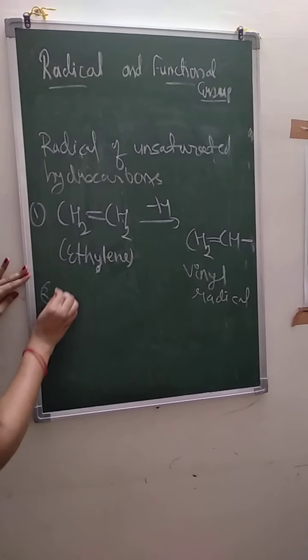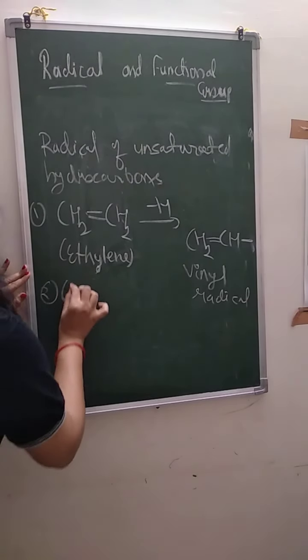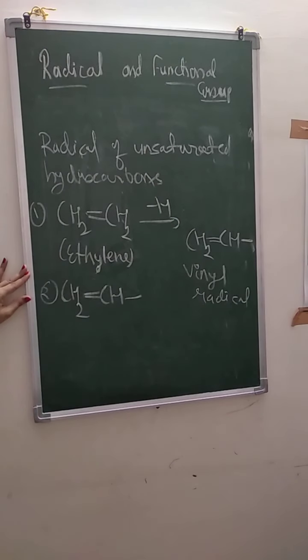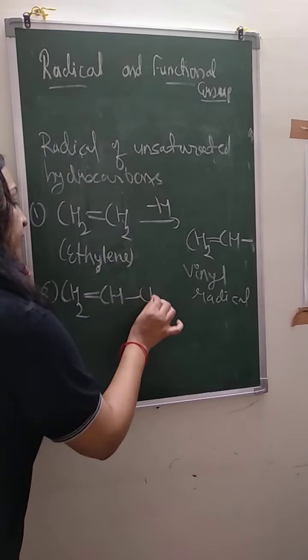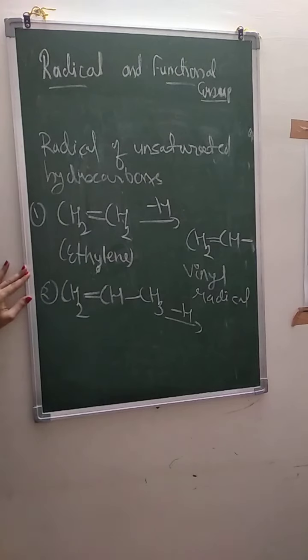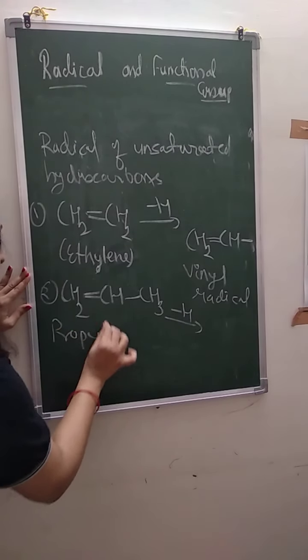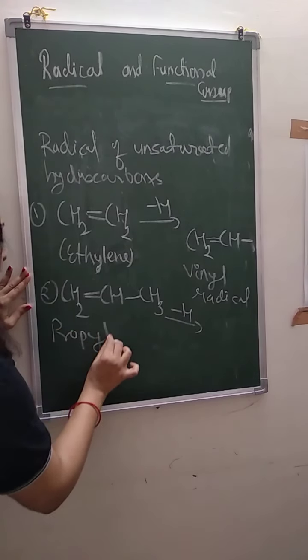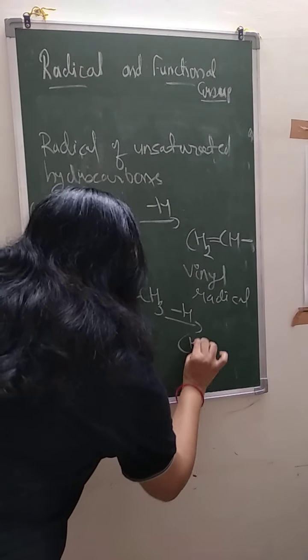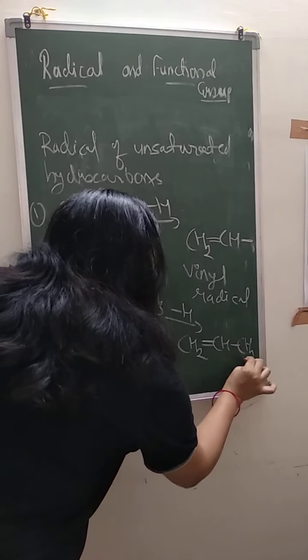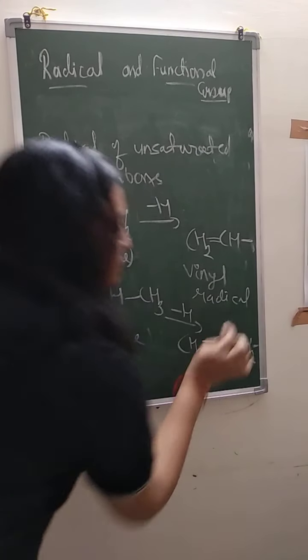Another example, you may take this CH2 double bond CH with again CH3. Now here we can write minus 1H. 1H is removed and its name is propylene. Clear? And the radical which forms here is CH2 along with CH and CH2 with vacant position.